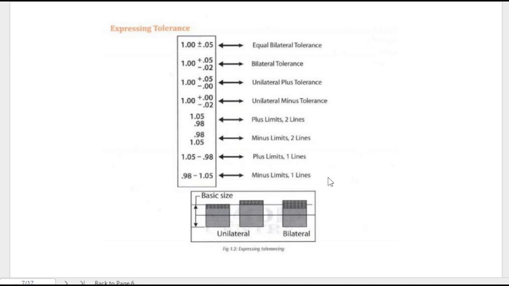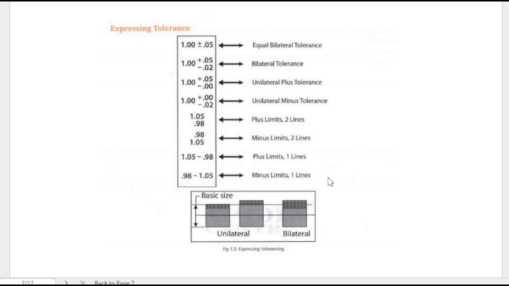Now on the screen we will see how to express tolerances, the types available. First is equal bilateral tolerance, 1.00 plus or minus 0.05. This is the equal bilateral tolerance. Second is bilateral tolerance, 1.00 plus 0.05 or minus 0.02.